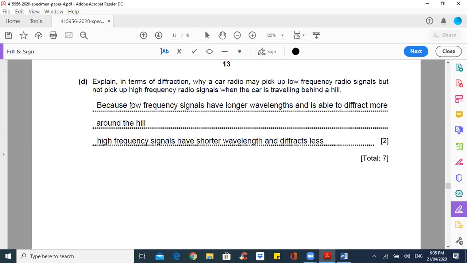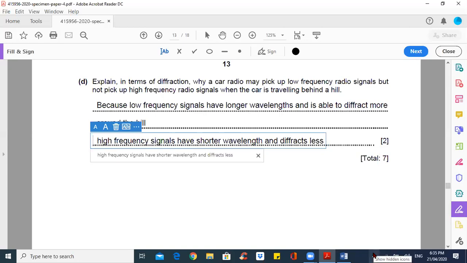So, because low frequency signals have longer wavelengths and are able to diffract more around the hill, high frequency signals have shorter wavelengths, diffract less, and are blocked off by the hill.